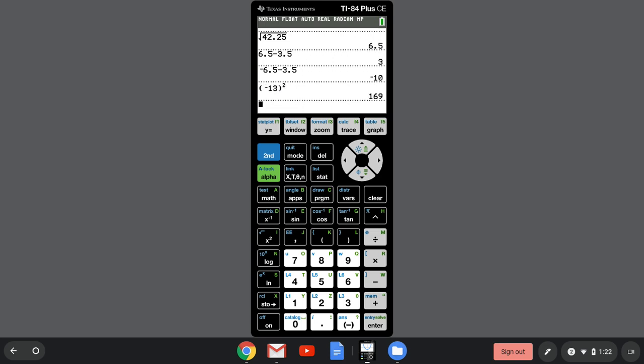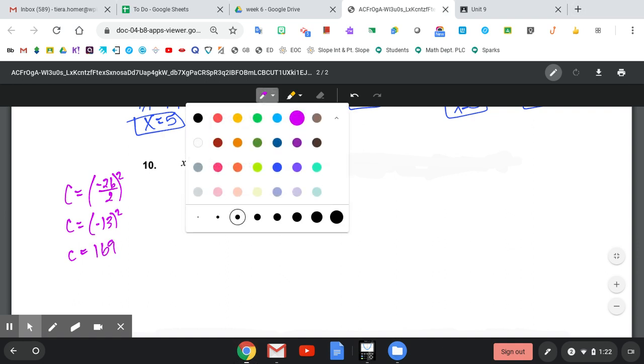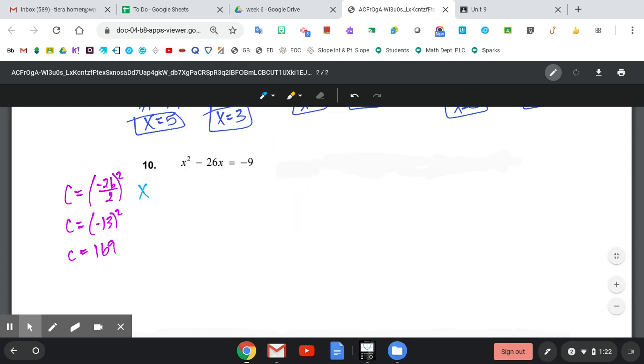Is 169. So now my trinomial is x squared minus 26x plus our c, which we found to be 169, equals negative 9. Again, adding that 169 to both sides.